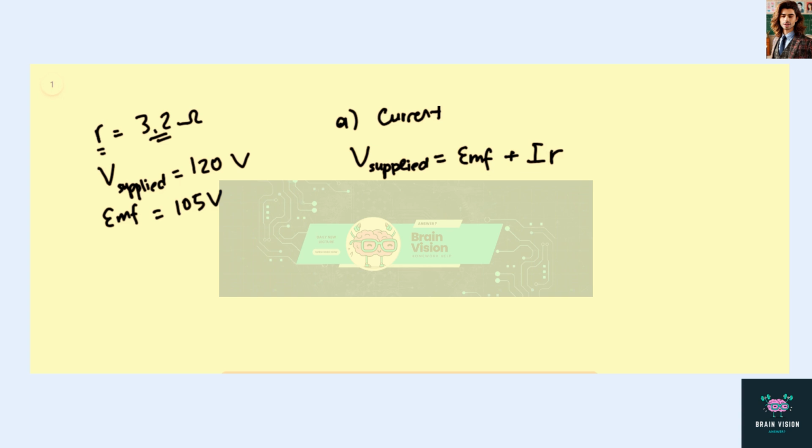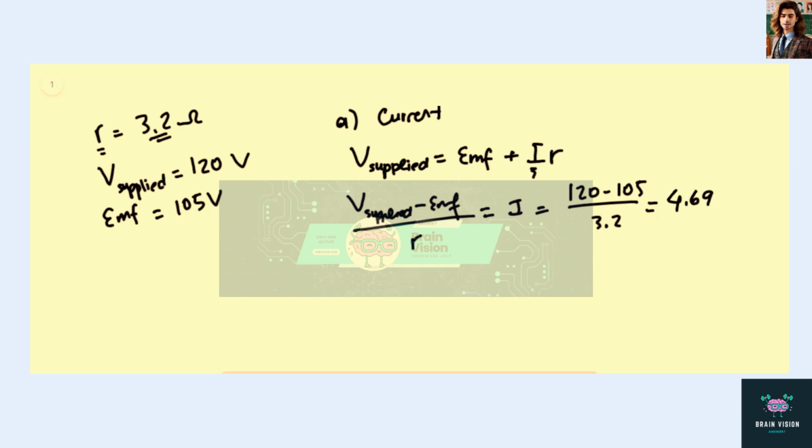So then here, if you're trying to calculate the current, then the supplied minus the EMF divided by the internal resistance is going to give us the current drawn by the motor. So then 120 minus 105 divided by 3.2 is going to give us 4.69 amps.